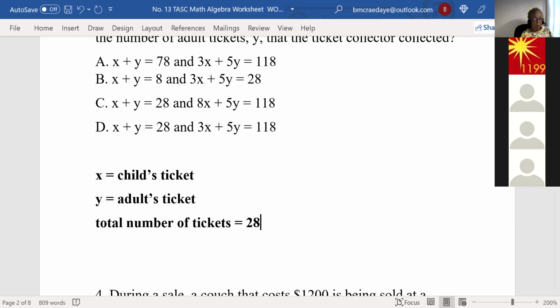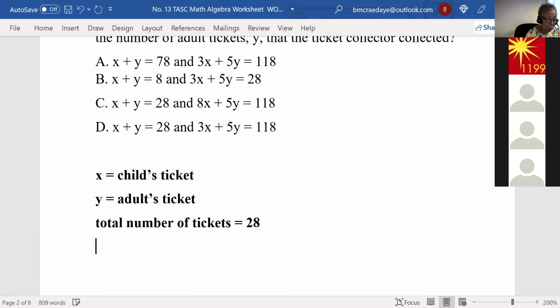Okay. Now, the money collected, total amount collected equals $118, right? And what did the child's tickets cost? $3.